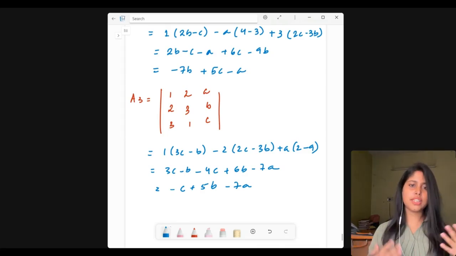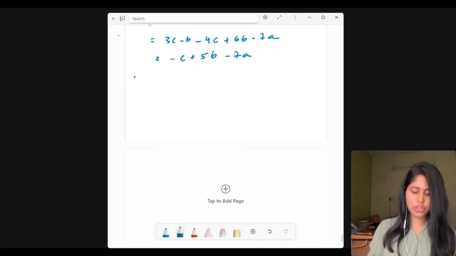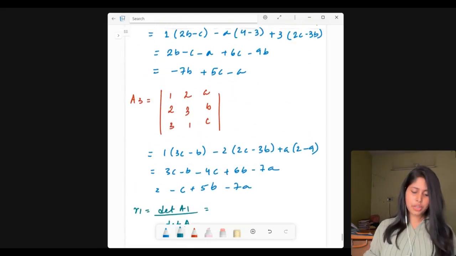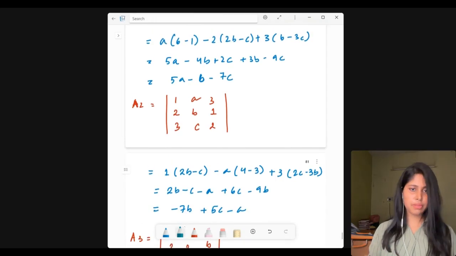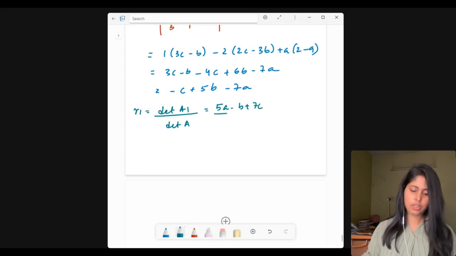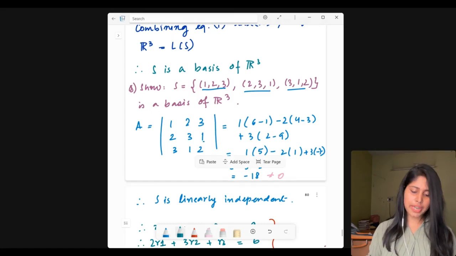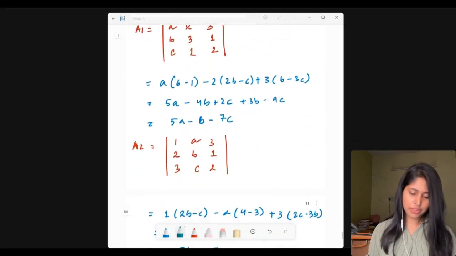Next we need to find the unknown variables, which are r1, r2 and r3. So r1 is equal to determinant of A1 by determinant of A. What is determinant of A1? It is 5a minus b minus 7c, divided by the determinant, which is minus 18.